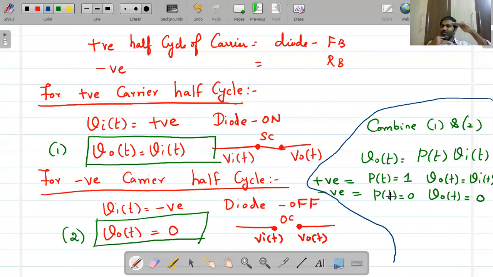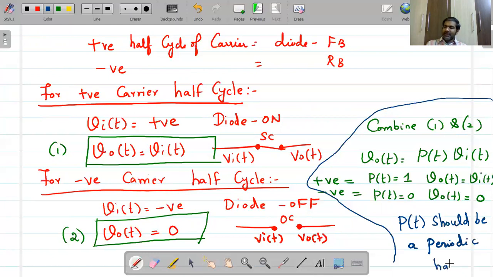So this is equivalent to what wave? Any guesses? None other than a square wave. So P of t should be a periodic square wave, because during the positive half cycle it becomes 1 and during the negative half cycle it becomes 0.